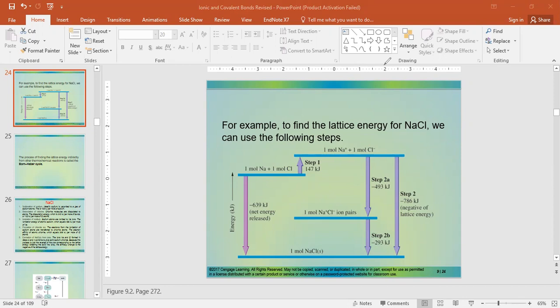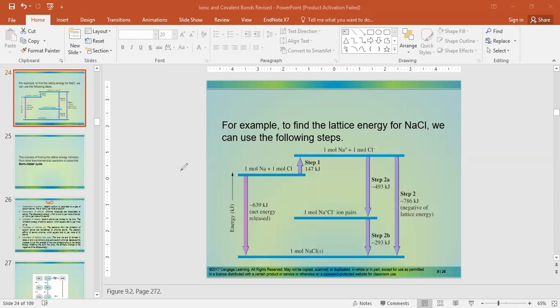That's why they got the 147. So I was thinking maybe the dissociation and the sublimation are exothermic. That's why they are negative, and they added it when changing from atoms to ions. Yeah, yeah. No. Now, what is happening here?